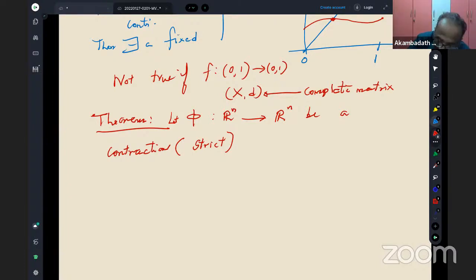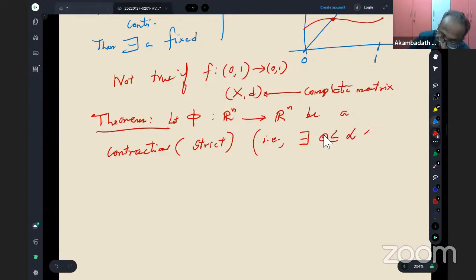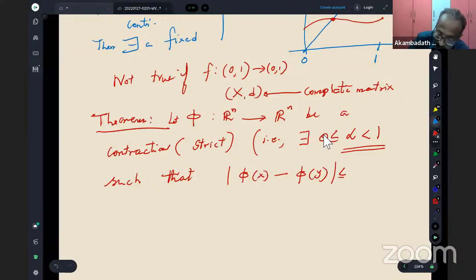So what is the meaning of contraction? The meaning is that there exists an alpha, 0 less than alpha less than 1. This strict one is important, such that modulus of phi of x minus phi of y is less than or equal to alpha into mod x minus y.